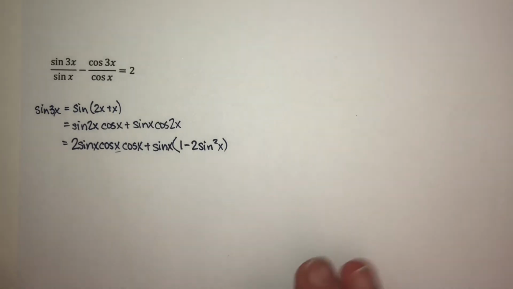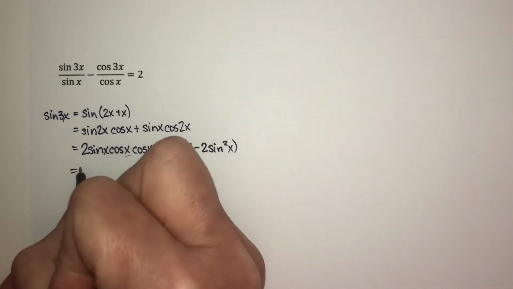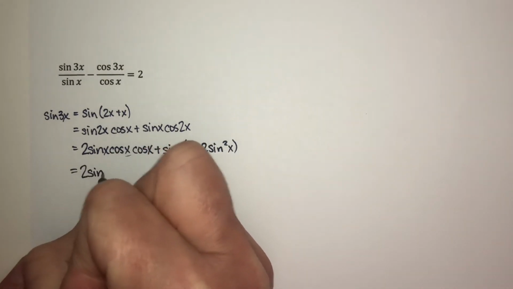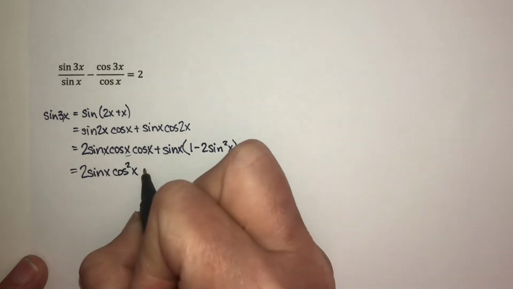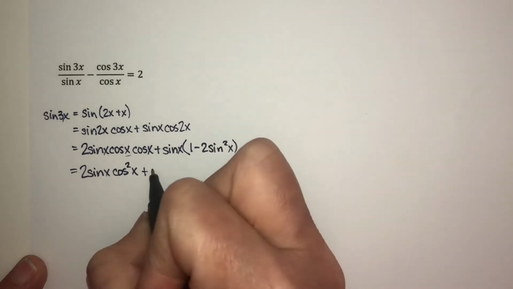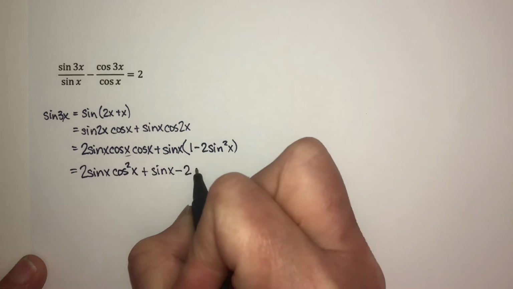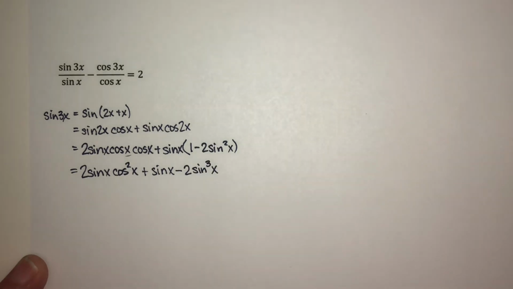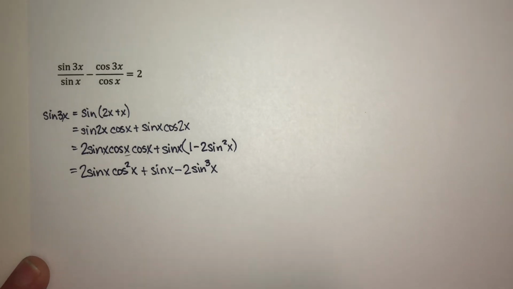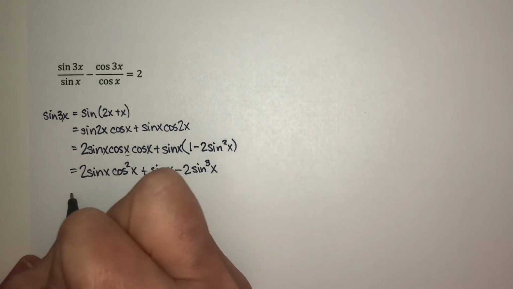I have options. So this is the same thing as 2 sine x cosine squared x plus, I'm going to distribute, sine x minus 2 sine cubed of x. Okay. Now I'm going to rewrite cosine squared of x using the Pythagorean identity.